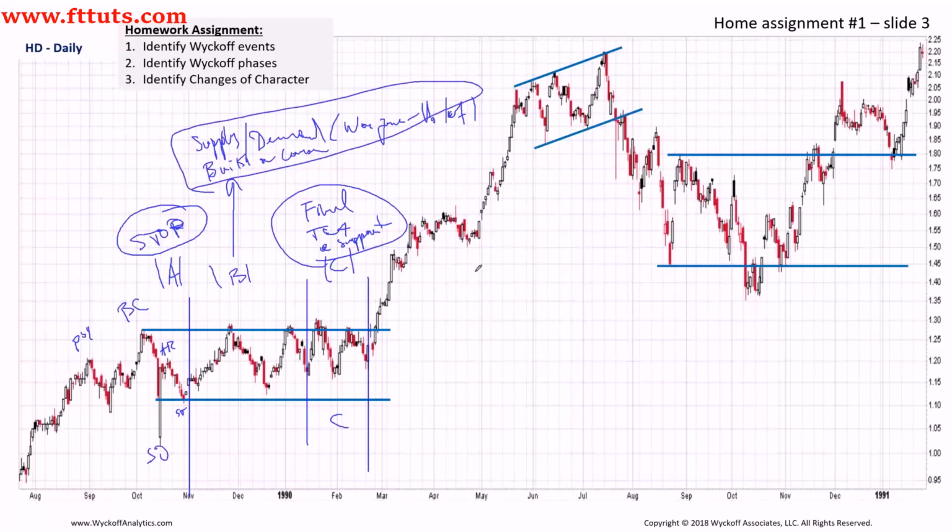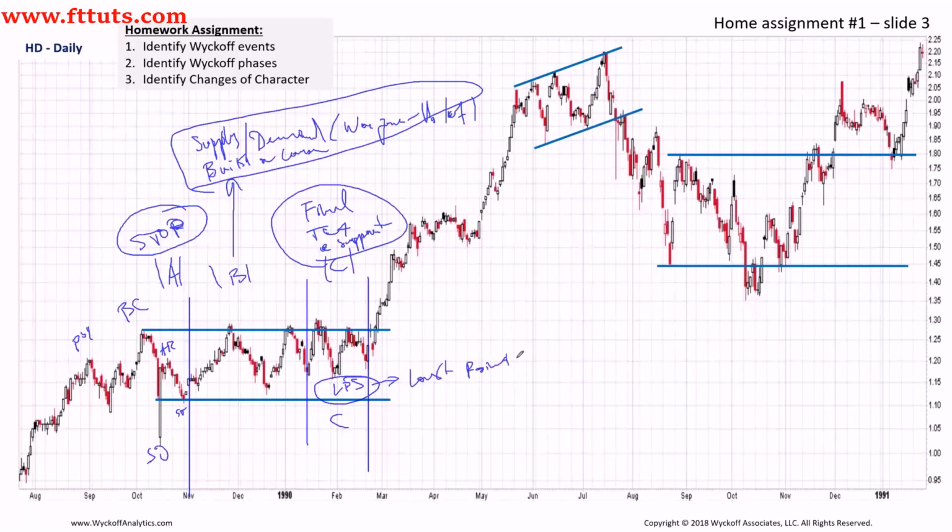Okay, so where is our phase D? Phase D follows the last point of support, and then the price moves out of the trading range.